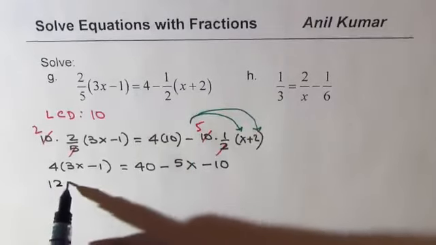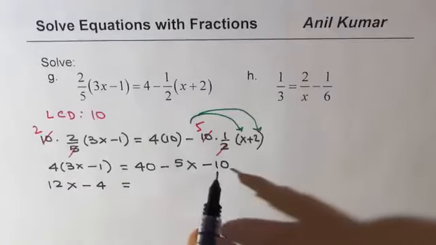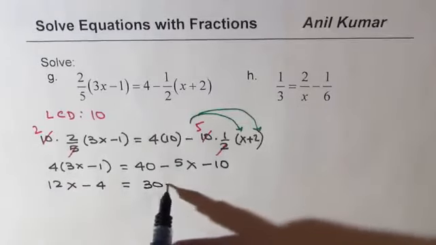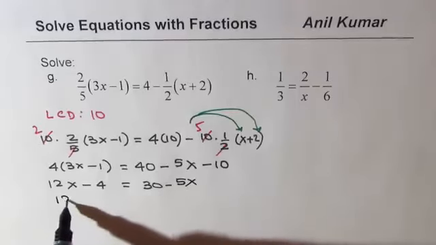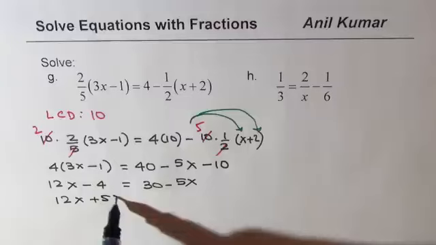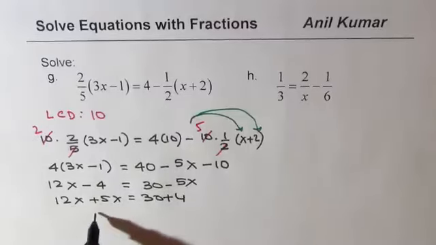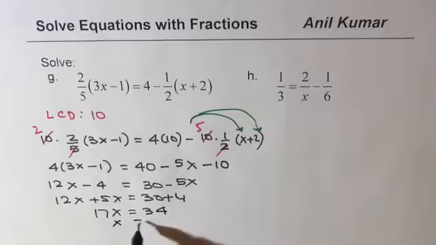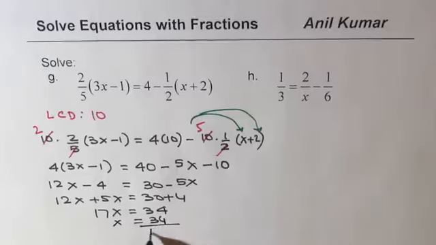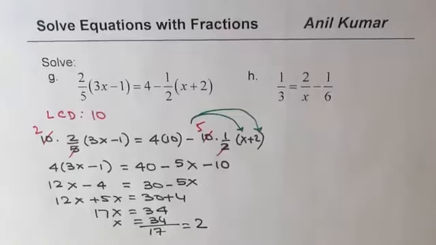So we get 12x minus 4 equals, let's combine them, 40 minus 10 is 30 minus 5x. Bring 5x to the left side. We get 12x plus 5x equals 30 plus 4. And that is 17x equals 34. Or x equals 34 over 17, which is 2. Perfect. So that is how you're going to solve it.